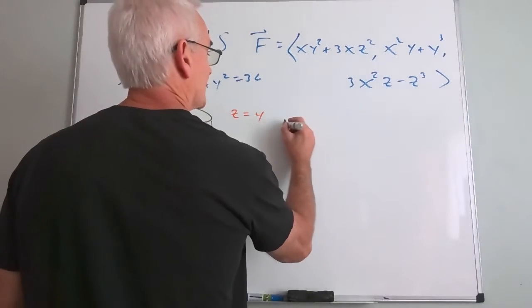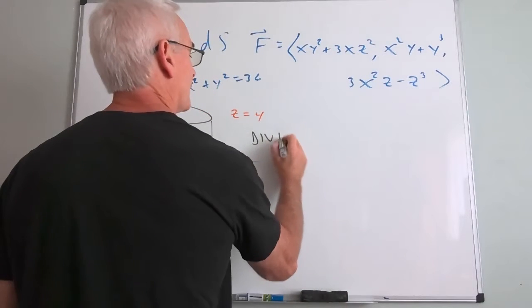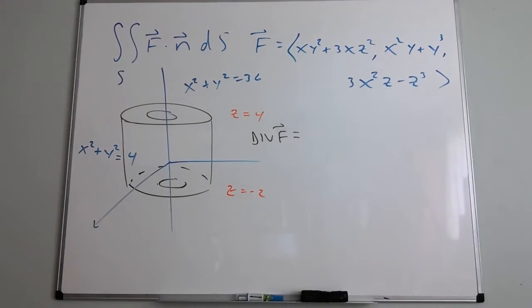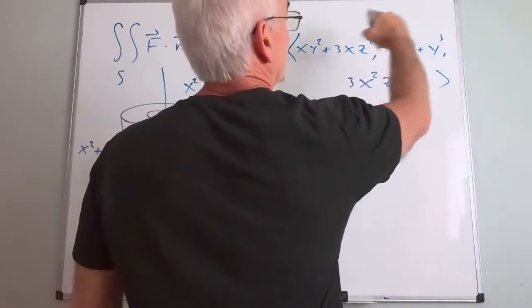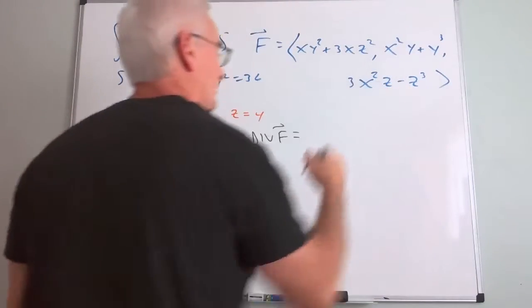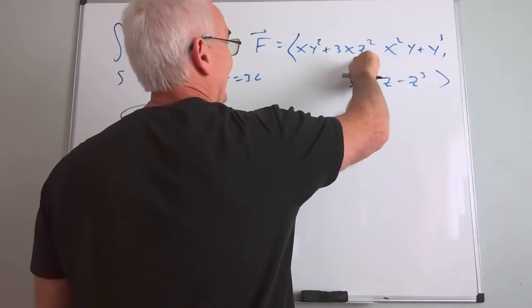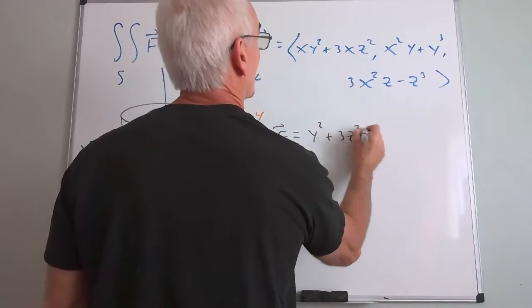So the first thing we're going to do is find the divergence of F. Remember, the divergence of F is essentially dotting the vector with the partial. So I'm taking the partial of the first, adding it to the partial of the second, adding it to the partial of the third with respect to x, y, and z. The partial with respect to x would be y squared plus 3z squared.